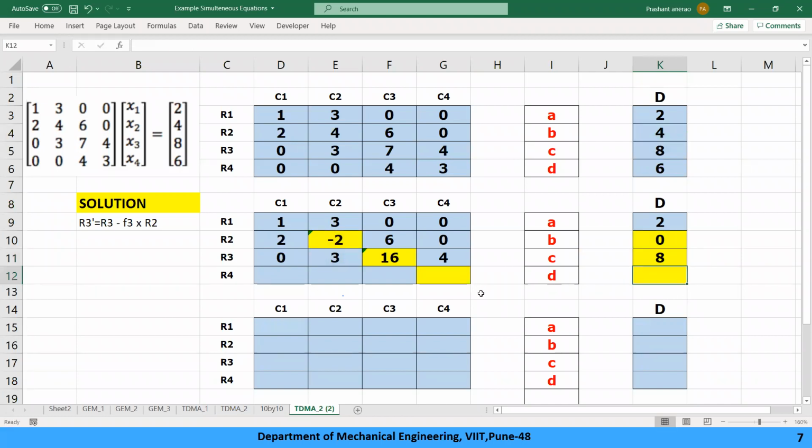Okay, so similarly do the calculation for row number 4. I'll just show you quickly in the chat window for row number 4. Please tell me what will be the value of the factor F4.